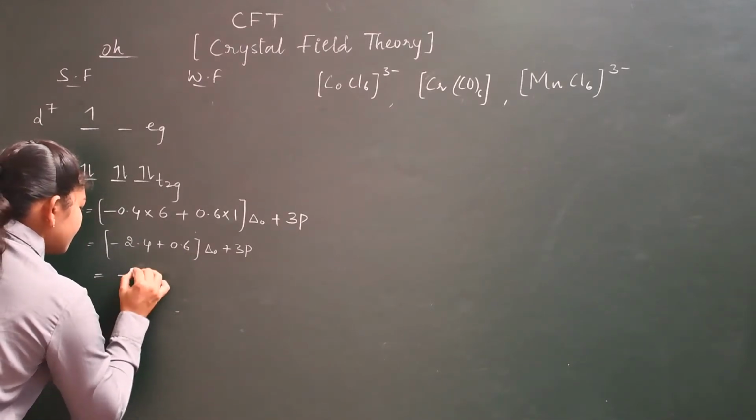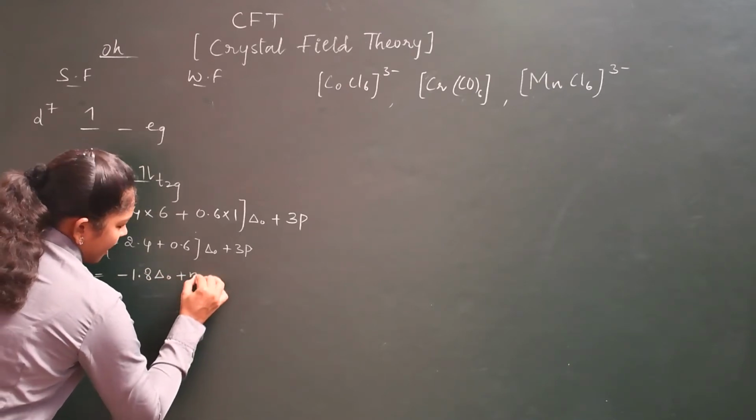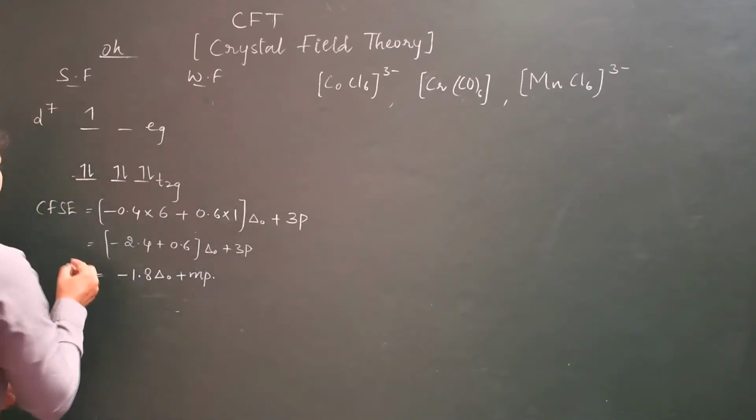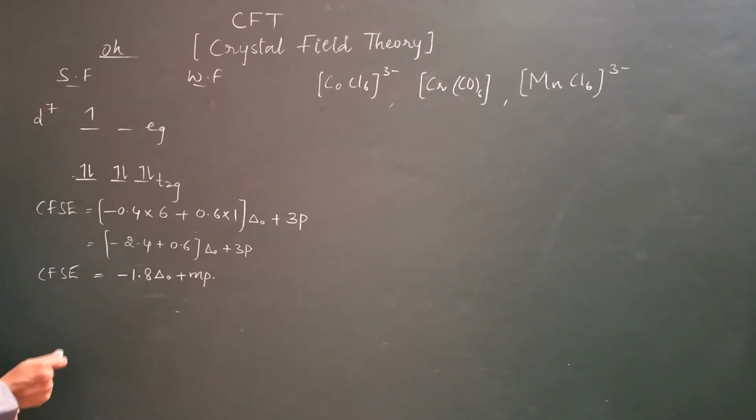That is equal to minus 1.8 delta naught plus 3P. This is the CFSE for D7 system in strong field.